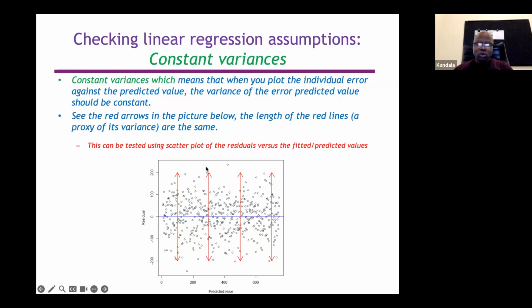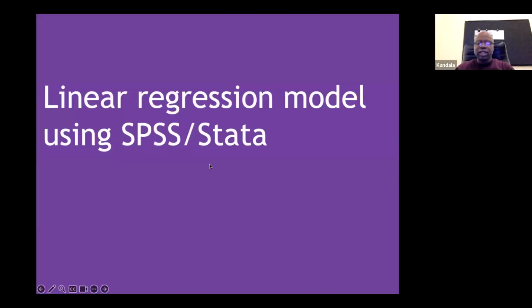Although there are some outliers here and there, the variation is constant, at the same level. So you can safely conclude that the variance is constant. This can be done using a scatter plot of the residuals versus the fitted model.